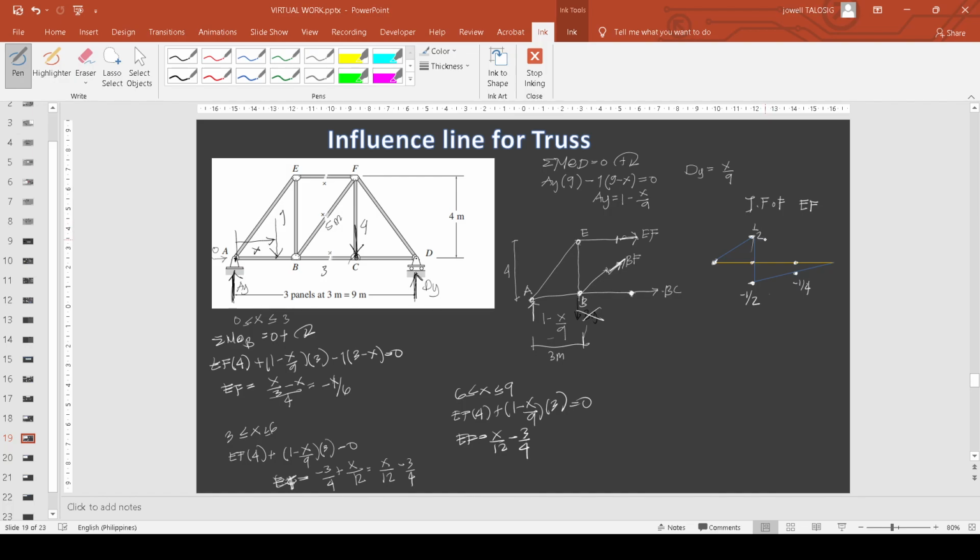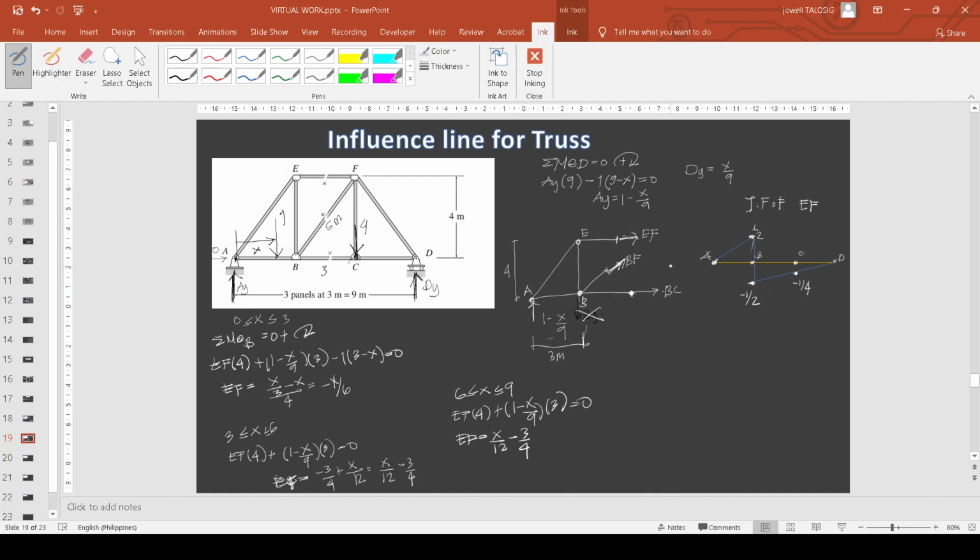So, pag lumagpas na sa B, ang member force natin is nagiging compression. Compression na negative 1 half. And then, kapag dumating dito sa C, magiging compression 1/4. Then, pagdating sa D, magiging 0 na siya.